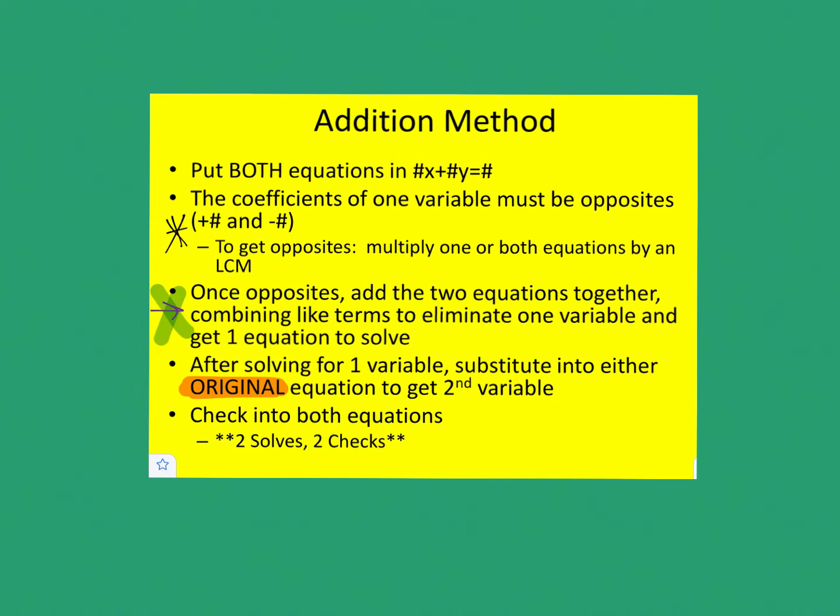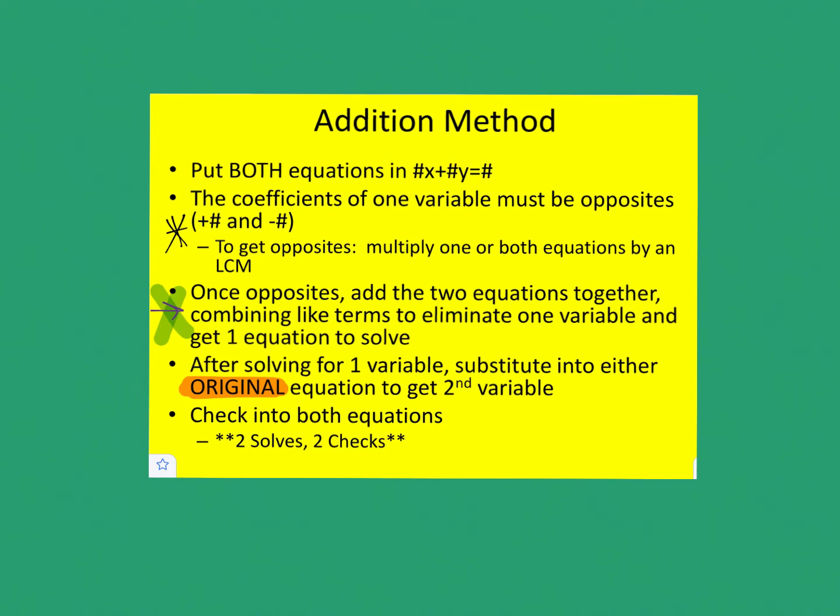And we want to have our x's and our y's set up in line with each other. That will make our job a little bit easier when things are aligned. Our goal here is that the coefficients of at least one of our variables need to be the same but opposite. So we want a positive 2x and a negative 2x, or a positive 7y and a negative 7y.